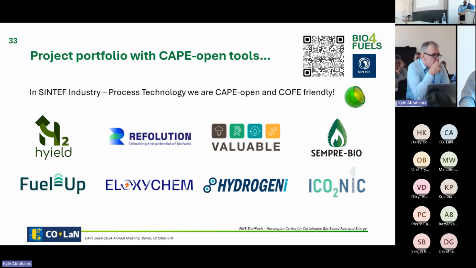So these are the projects where we are using CAPE-OPEN tools, and specifically COFFEE: in hydrogen production, like in Yield; in co-feeding of pyrolysis oil with VGO for steam crackers to get syngas, as in Revolution; valorization of biomass waste, like in Valuable; biomethane production, like in Sempre Bio; production of sustainable aviation fuel in Fuel Up; in electrochemical processes, like in Loxichem; or in the production of green ammonia as hydrogen carrier in Hydrogeny.